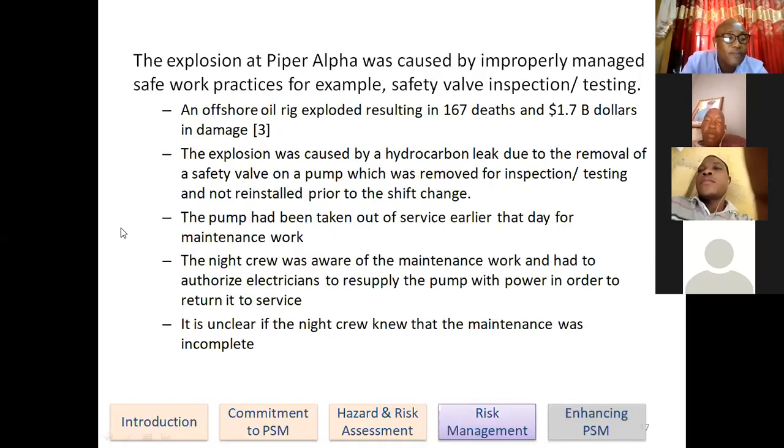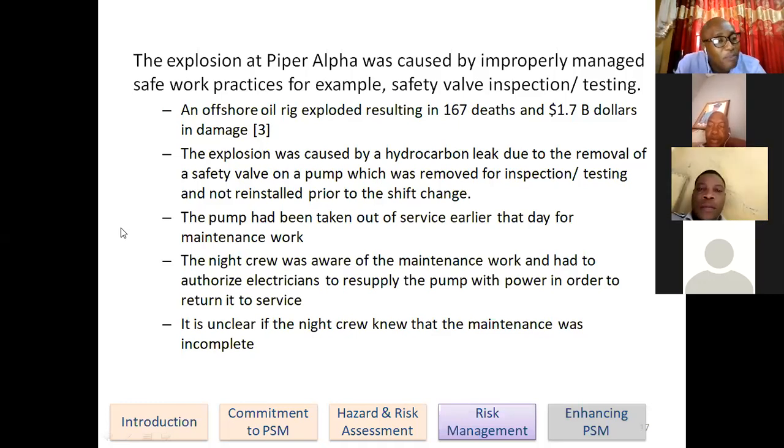You see what happened? An oil rig exploded, killing 167 people and causing 1.7 billion in damage. What happened? The explosion was caused by a hydrocarbon leak due to removal of a safety valve on a pump. The pump was taken out for maintenance, but the safety valve of the pump was what?